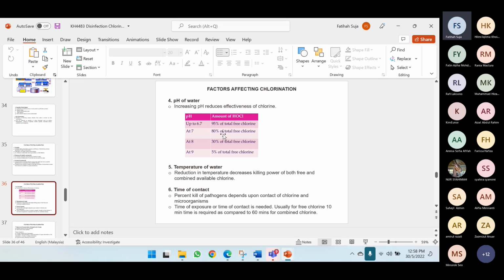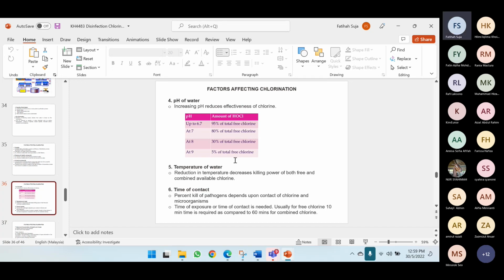At 7, only 80%. At 8, 30%. At 9, 5% of the total free chlorine. Meaning that at higher pH, you will get less effect of chlorination. That's why for chlorination, you need to use a quite low pH.